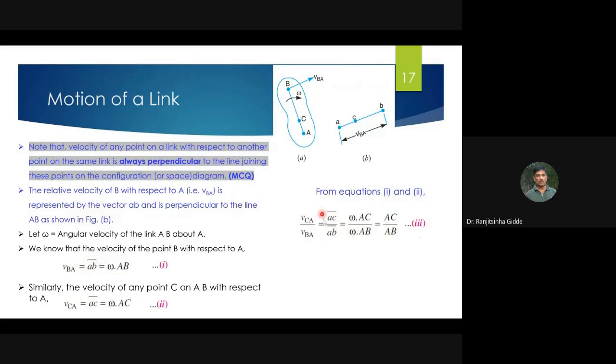So what is the value of this? Omega into AC divided by omega into AB, and omega gets cancelled. What is remaining? AC upon AB, AC upon AB.